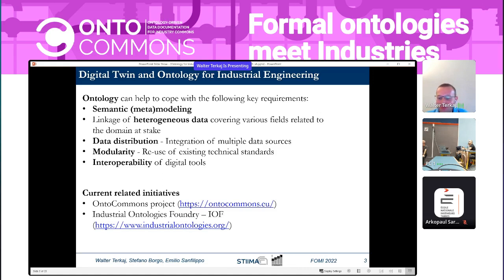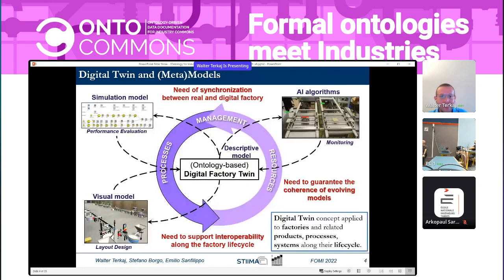It's not to be repeated, but we have important ongoing initiatives like OntoCommons and IOF that are organizing this important workshop in these days.